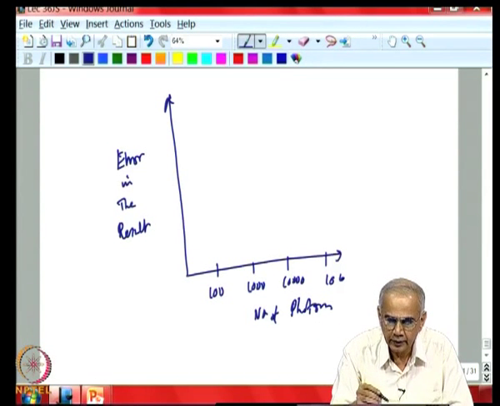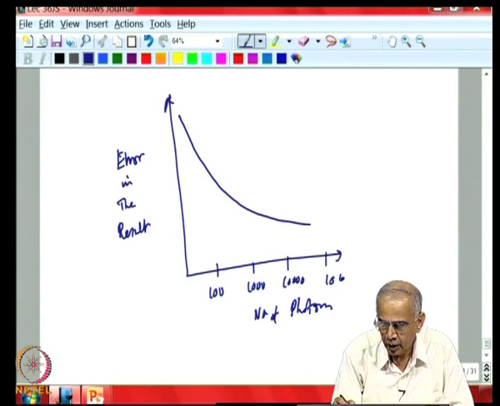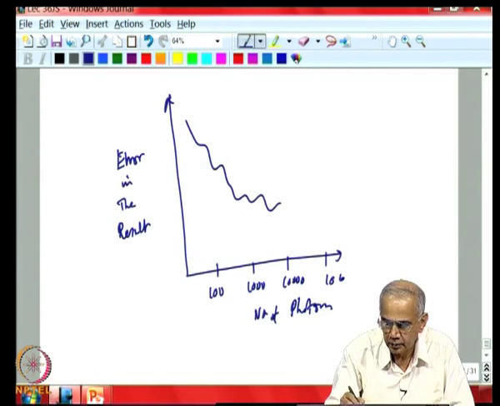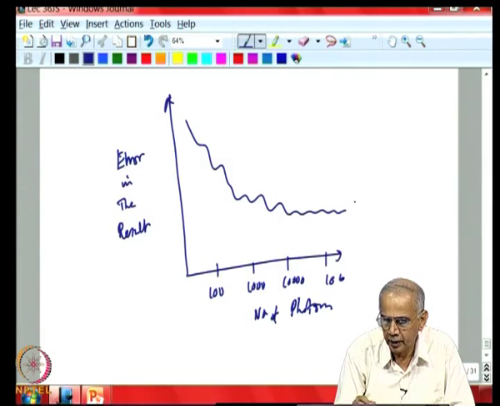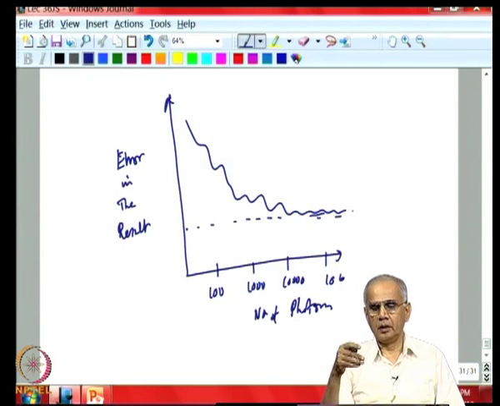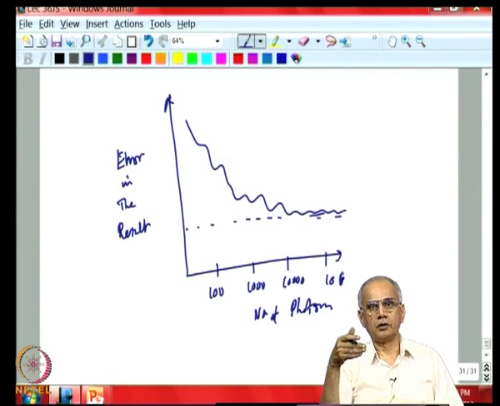So, you will find that as the number of photons increases, the error goes on coming down, and it will not come down smoothly. It may show a rather erratic behavior, and ultimately it will asymptote to a low error after maybe 10,000 or 1,000,000 photons.